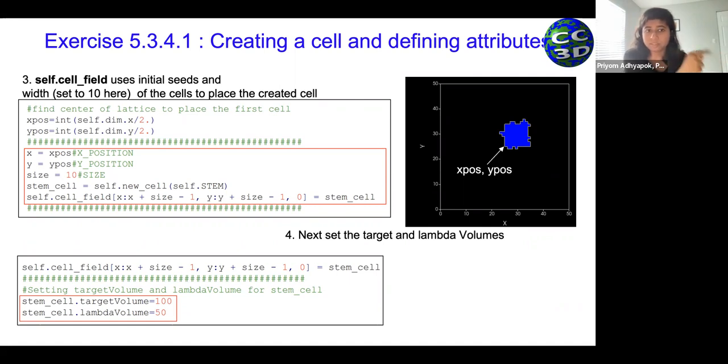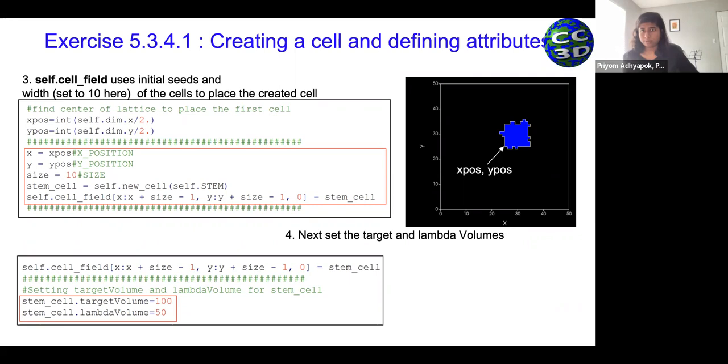And then I'm using a CompuCell function called new cell to create a stem cell. And I'm using cell field to place that cell into the pixels spanned by cell field. The dimensions of cell field begin from X position and go to X position plus 10. So it goes from a left limit of X position to X position plus 10. And then similarly for Y dimensions, it begins at Y position and goes to Y position plus 10. So basically I have a rectangular area in which I'm placing the cell object.